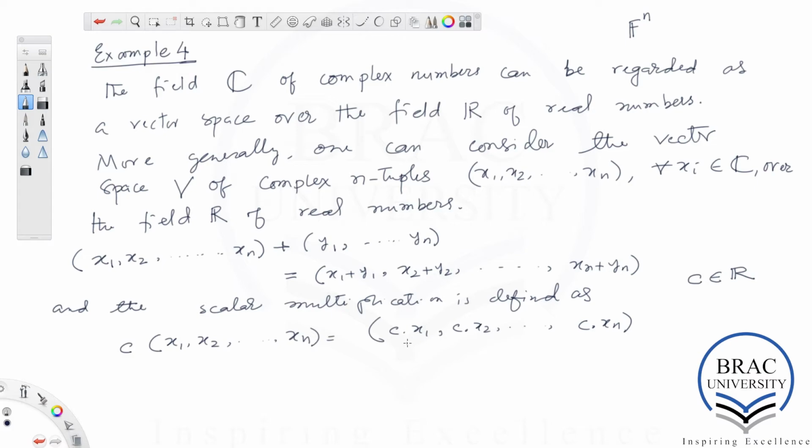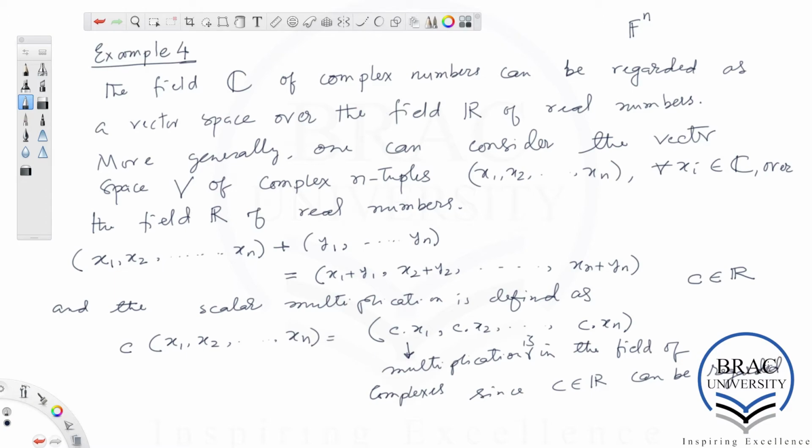Okay, so this multiplication is in the field of complexes, since c in R can easily be regarded as a complex number.